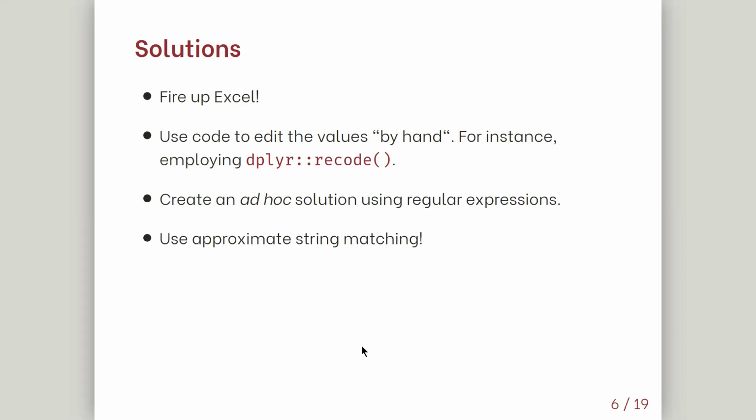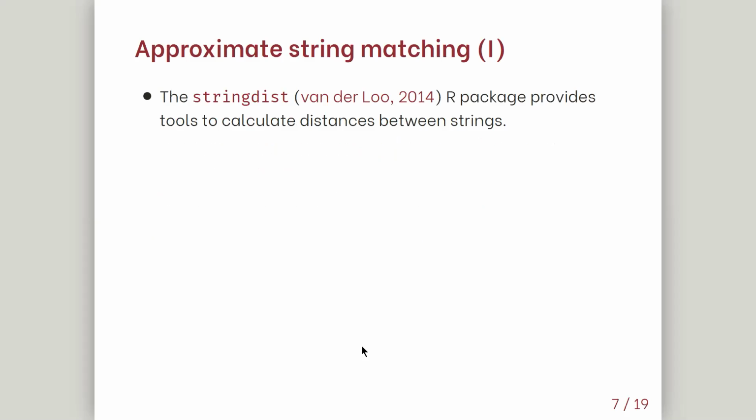Or you can use approximate string matching, which I'm sure some of you might have heard of. I'm gonna briefly explain what this is. So this is the R package that implements it, stringdist. It provides tools to calculate distances between strings. So computer scientists have figured out different ways in which you can assign a quantitative value that distinguishes two given strings.